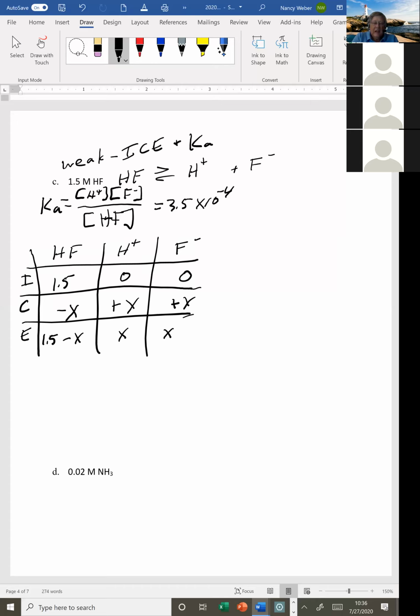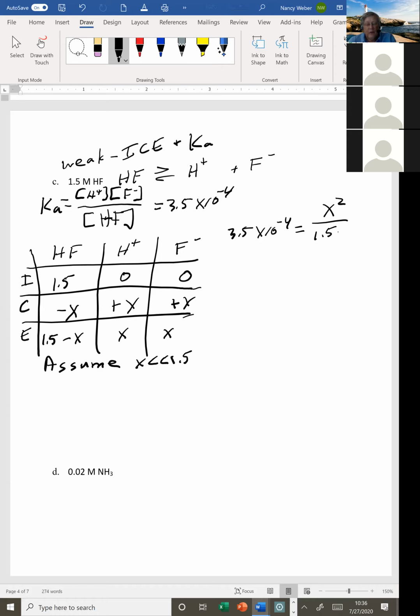So then I can say 3.5 times 10 to the minus 4 equals x squared over 1.5. And I'm going to assume something. And if you make this assumption, you have to write it down. In other words, if you don't write that down, you'll lose points. I'm going to assume that x is going to be much smaller than 1.5.